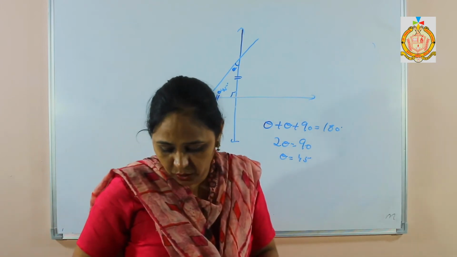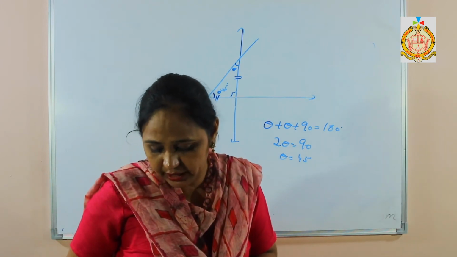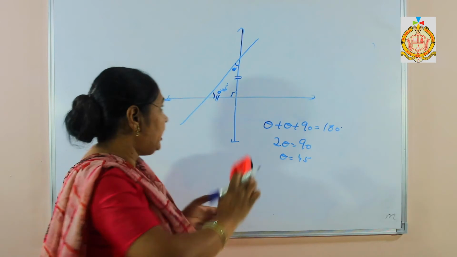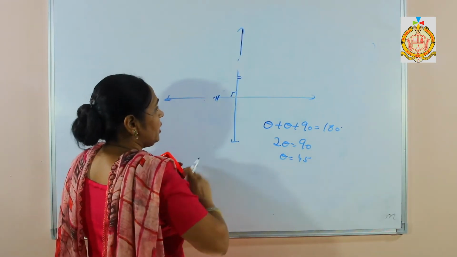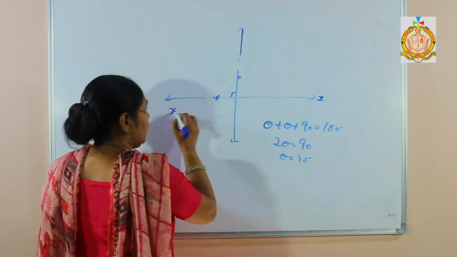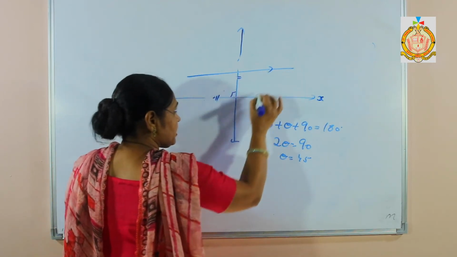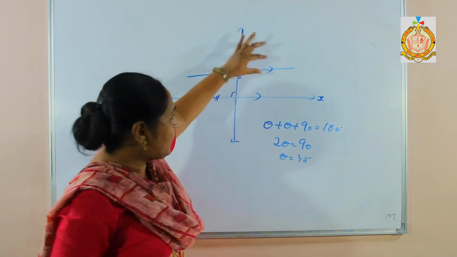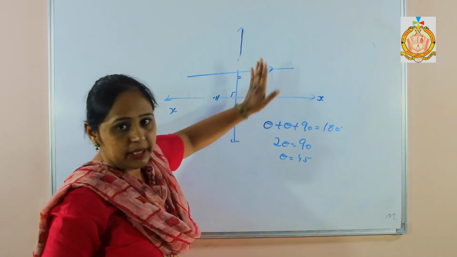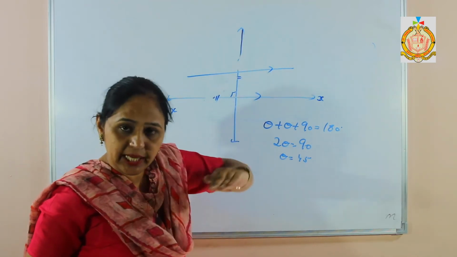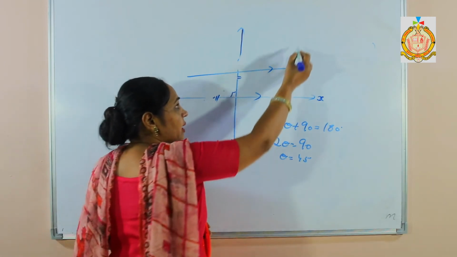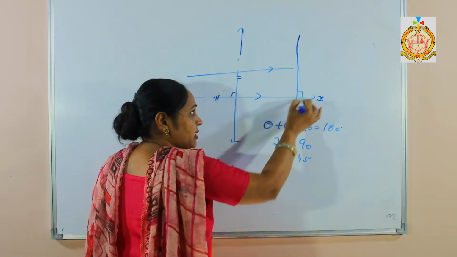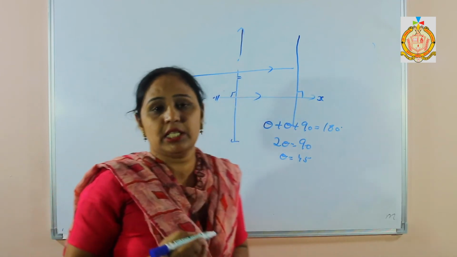Now they ask to write the inclination of the line which is parallel to the x-axis. If I take a line parallel to the x-axis, these two lines are parallel. If I take the line on the x-axis, it doesn't make any angle because it lies on it, and the angle becomes 0 degrees. But if the line is perpendicular to the x-axis, the angle becomes 90 degrees.